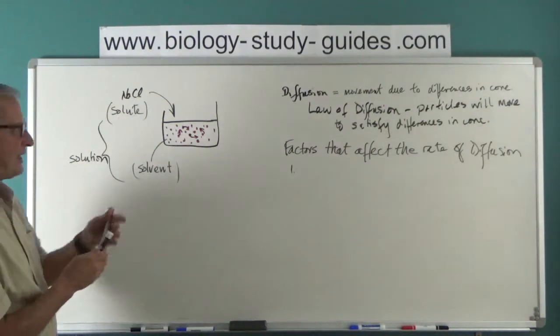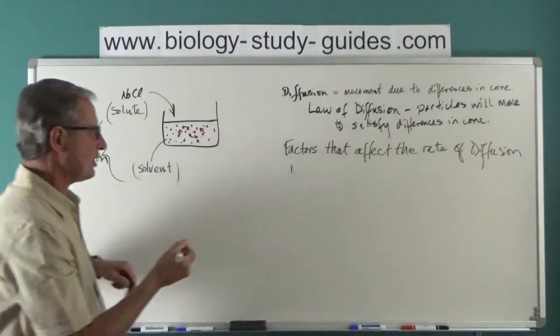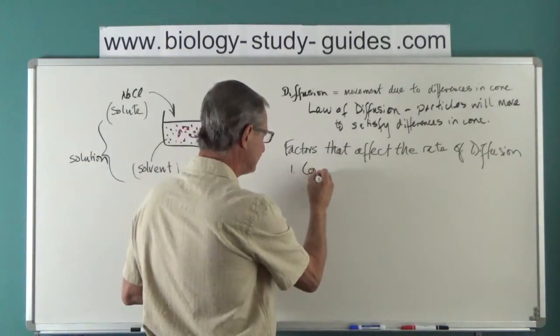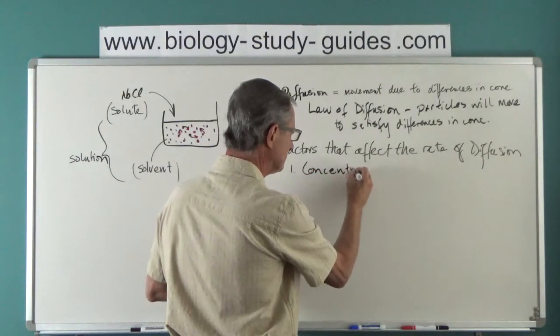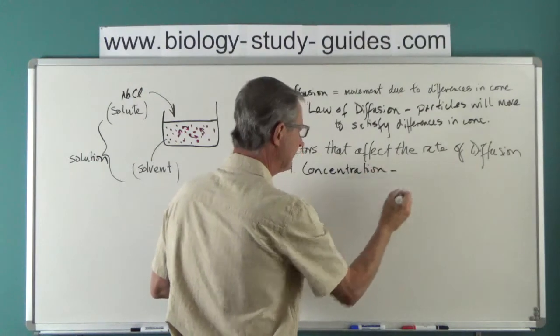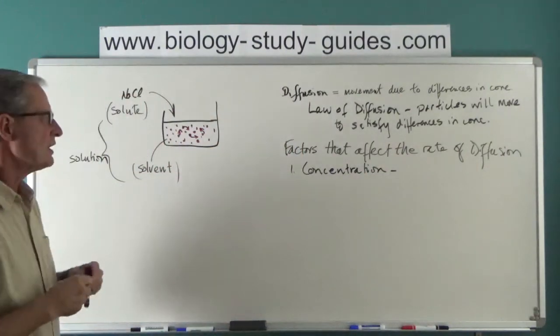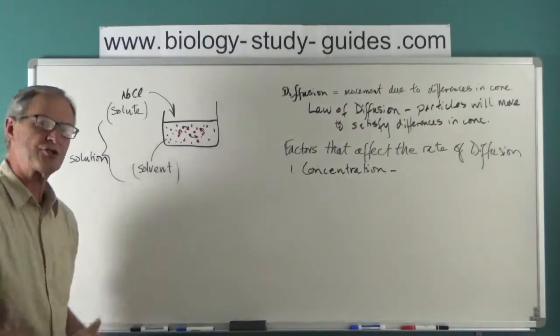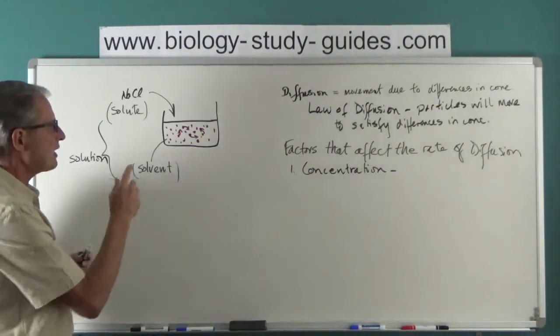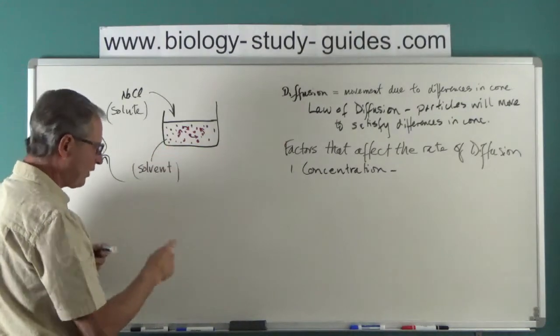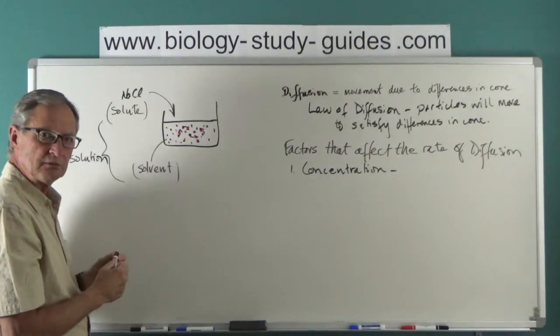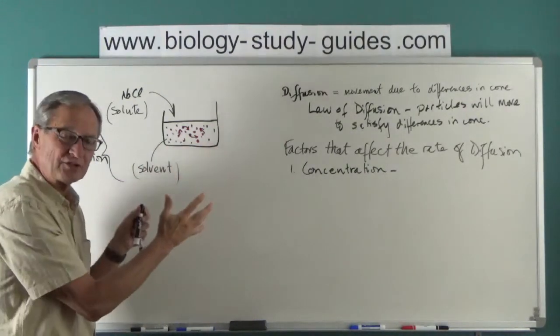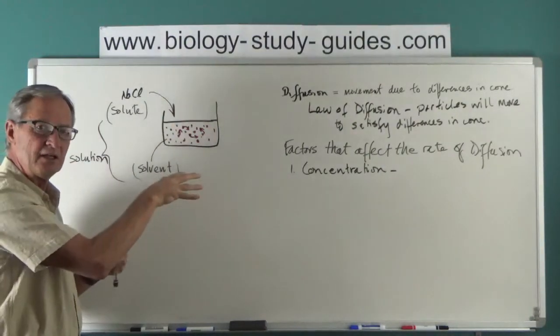So back to what I was saying, the first one that we're talking about is concentration. The greater the concentration difference we're talking about, the faster the rate of diffusion. So if we talk about just putting one salt particle in the bottom here, then it's not going to go very fast. But if you put a lot in, it's going to go faster.